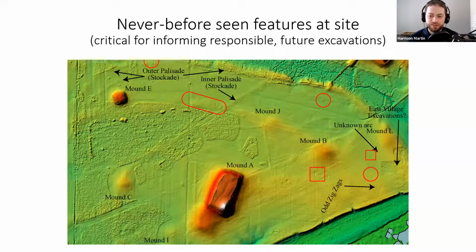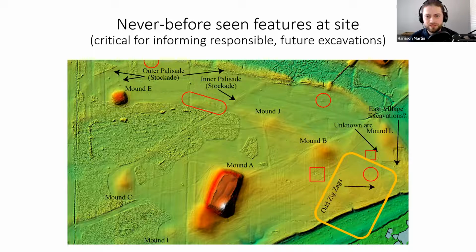In addition, one thing I thought was particularly cool were these odd zigzags in the bottom right, and then that square feature inside the red circle. At first, I thought, are these data processing errors? But no. Through this, they decided to shoot geomagnetic surveys over that area and discovered those are legitimate lineaments and actually foundations of houses.